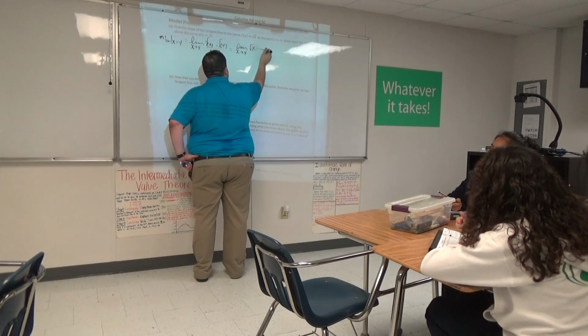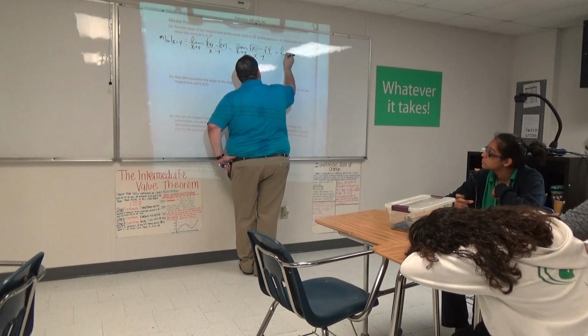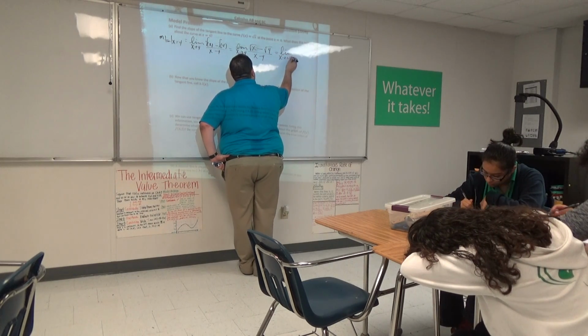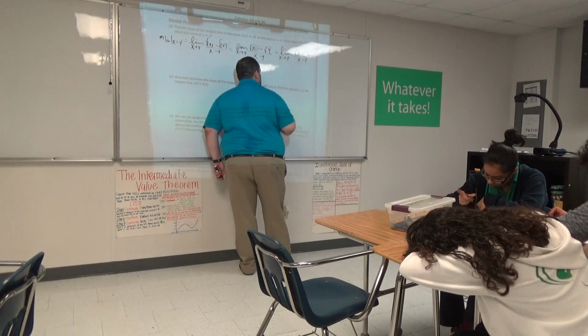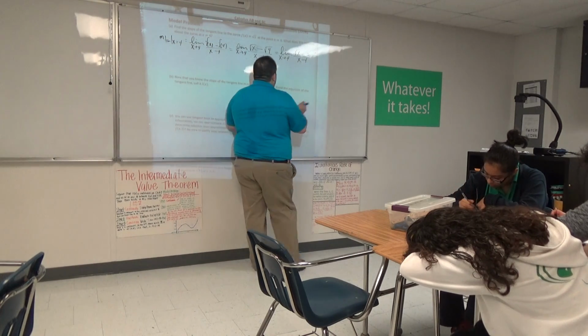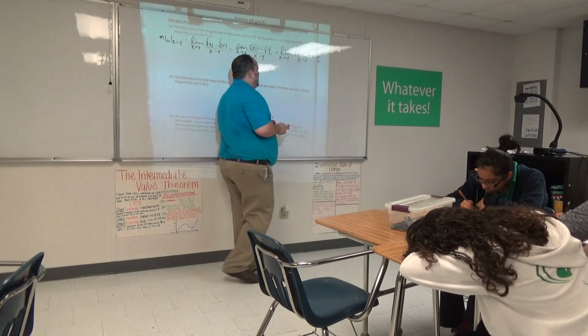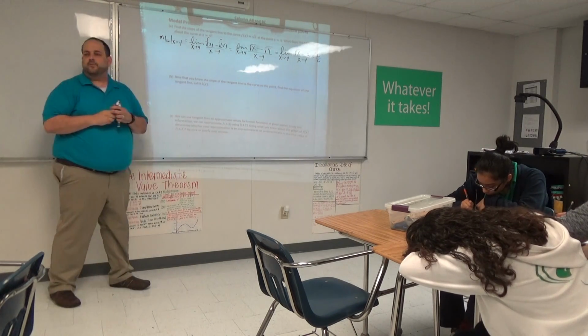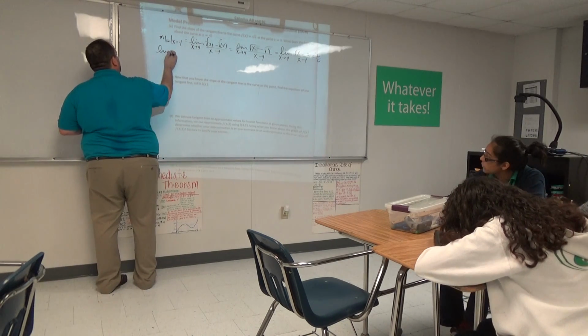We have the limit of square root of x minus 2 over x minus 4. You probably all know that if you plug in for x, you're going to get the indeterminate form. So we have to do some clever algebra.